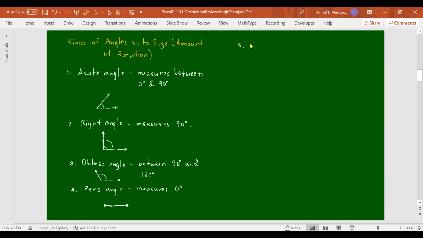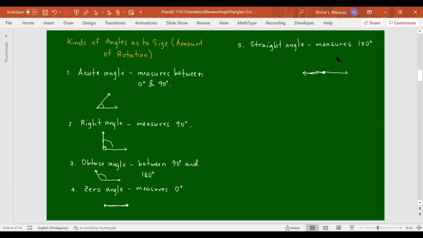Number 5, we have straight angle. What is a straight angle? I think it's an angle that measures exactly 180 degrees, sir. 180 degrees. Now, in elementary, they don't consider an angle like this, no? But once you take geometry, it is possible that this straight line is considered an angle.